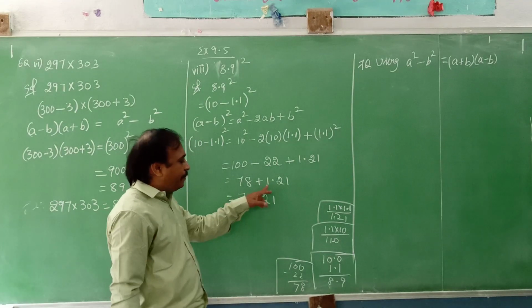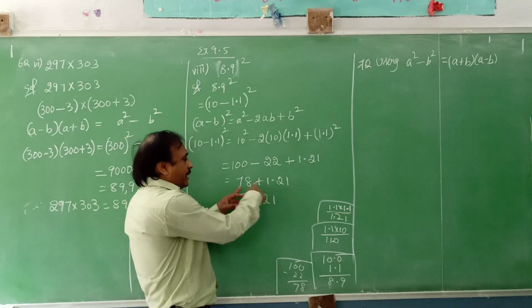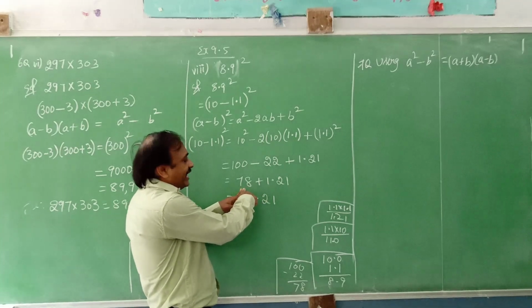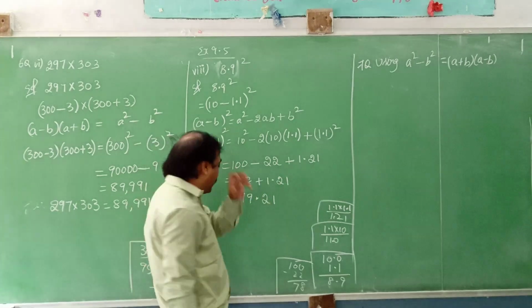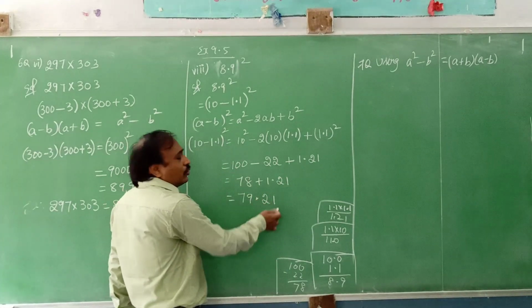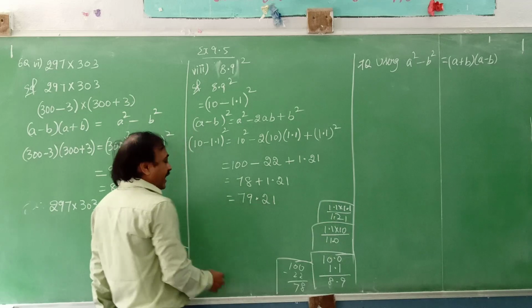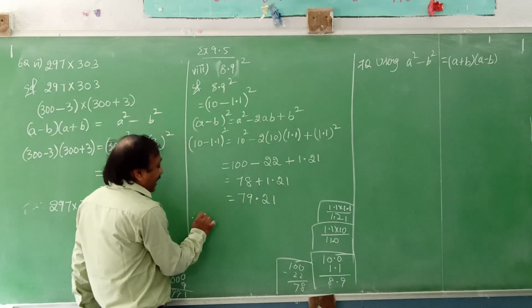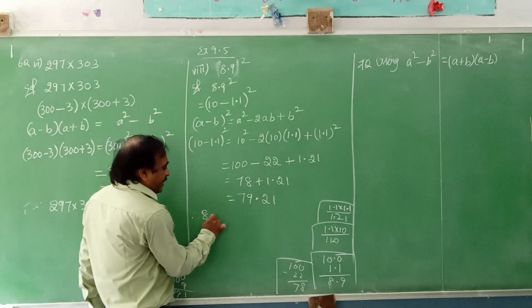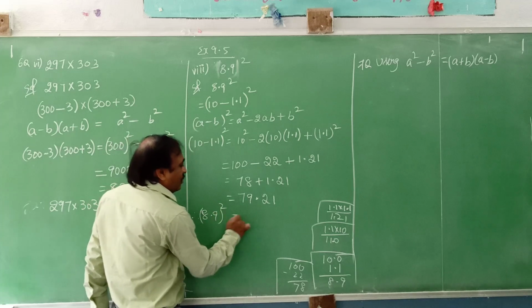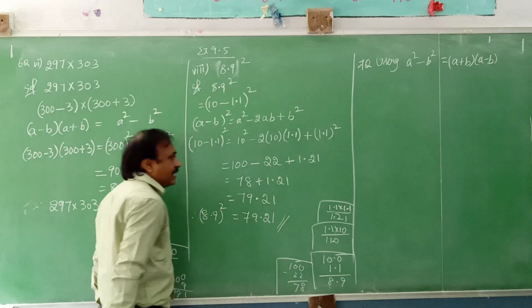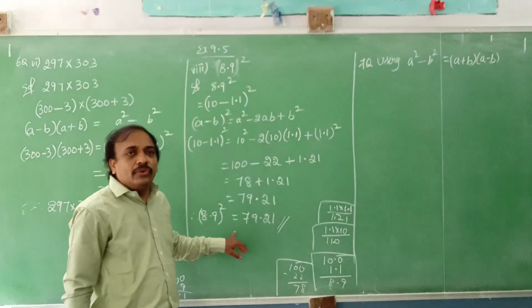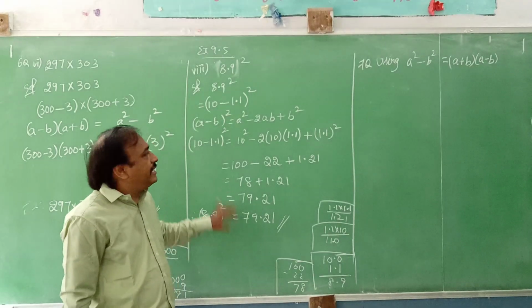This is the whole number part and this is the whole number part. 78 plus 1 is 79, and the decimal part will be 0.21. So therefore 8.9 whole square is equal to 79.21. Is it clear? Yes.